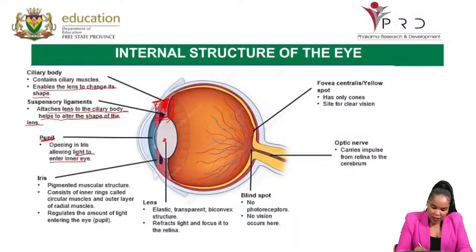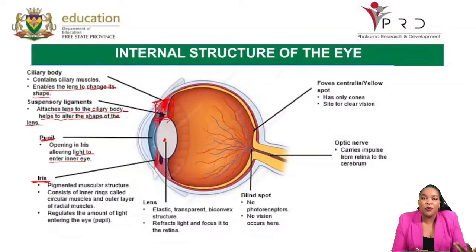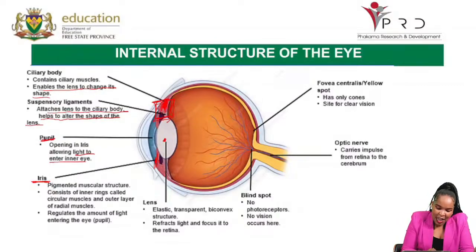Then surrounding the pupil, remember we spoke about the colored part. We said it is the iris. Don't forget this. What makes your eye brown? What is it that you can use to tell? It is the iris. So the iris is a pigmented muscular structure. When we say it is pigmented, it means it has strong color.